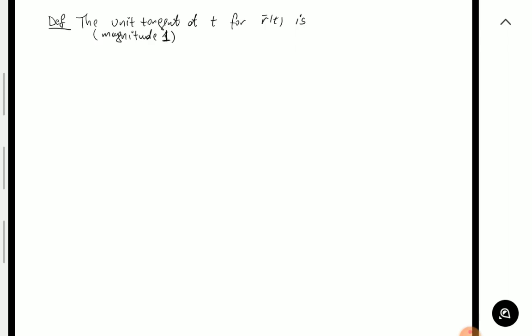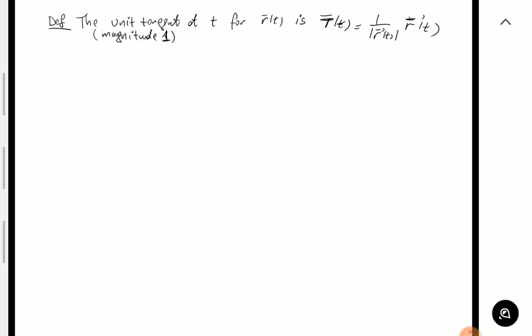Tangent is a vector. Take any vector, you want to make it of length 1, you scalar multiply by 1 over its magnitude. So the notation for it is T bar of t, which is going to be 1 over the magnitude of r prime of t, scalar multiple with r prime of t.